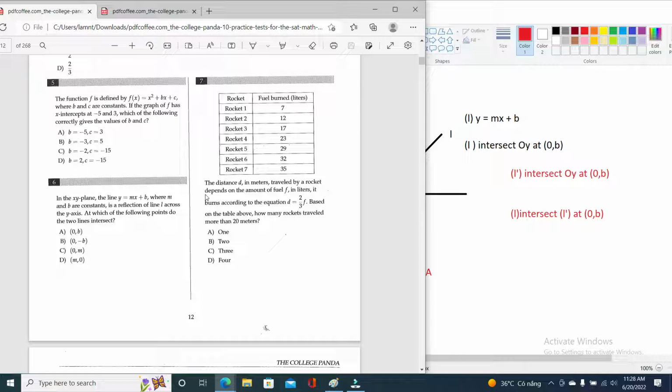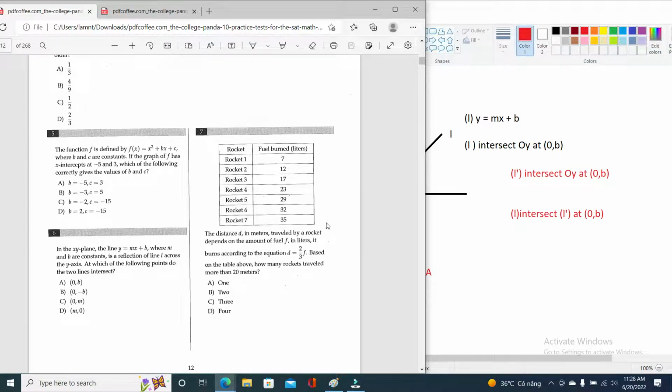So they give us a pair of fuel burn and distance, and we have to base on the distance to figure out the fuel burn.